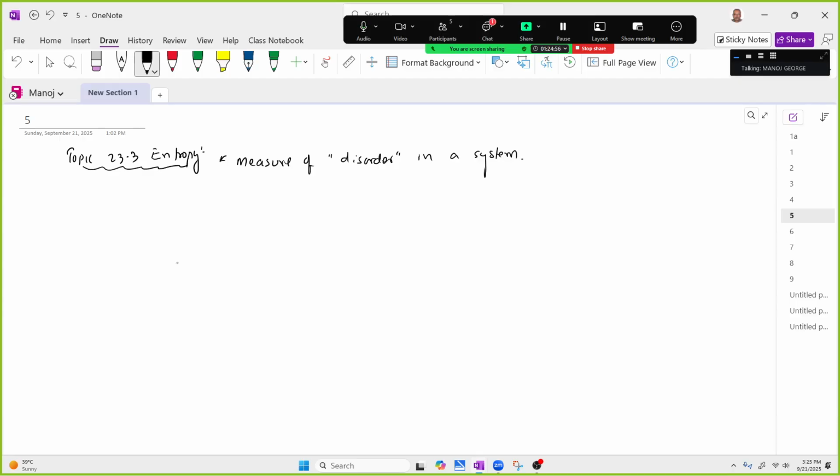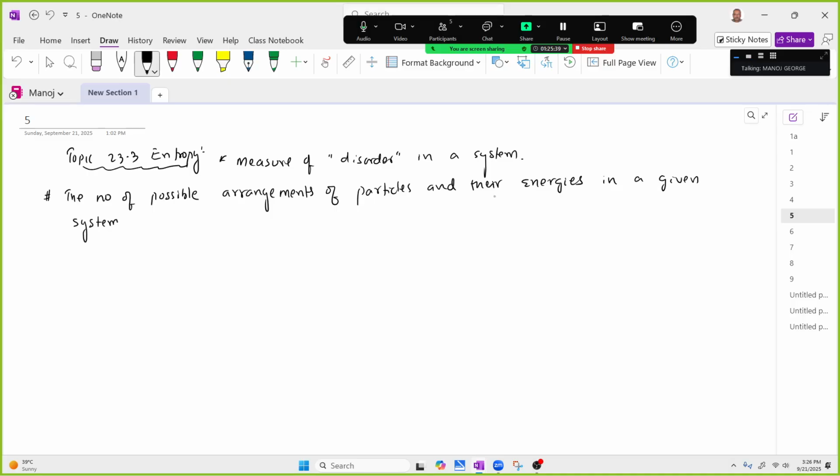Okay, so by definition, it's the number of possible arrangements of particles and their energies. So the number of possible arrangements of particles and their energy in a given system.